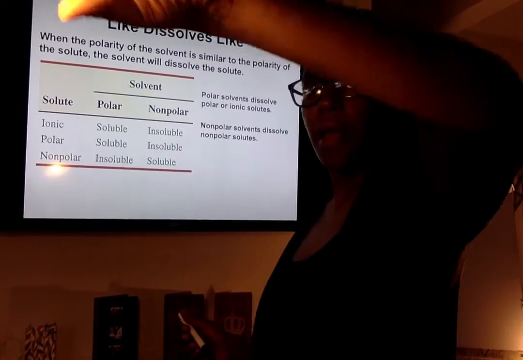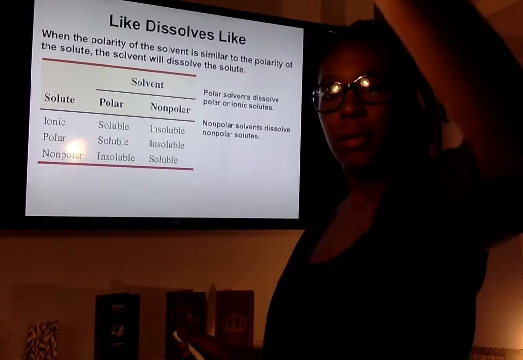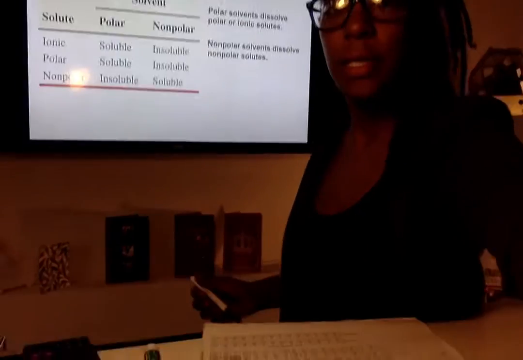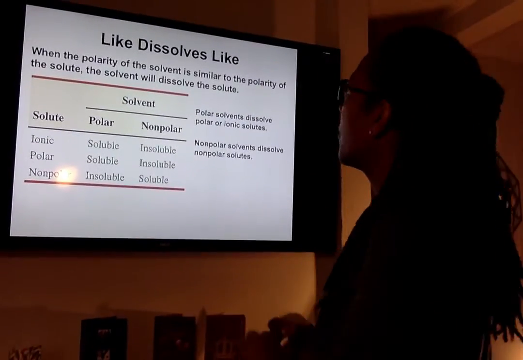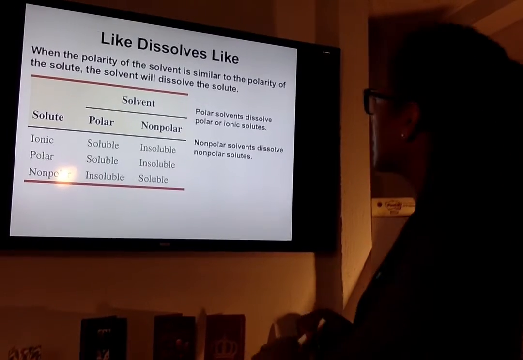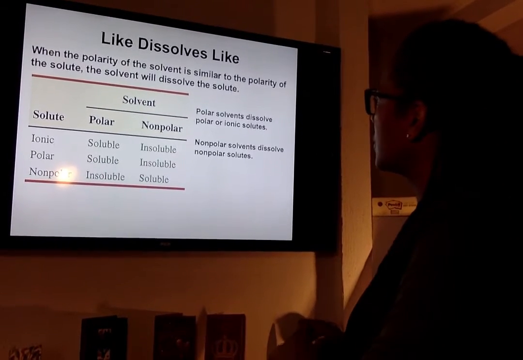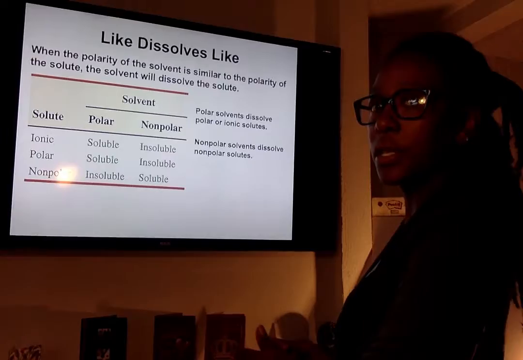So polar solvents dissolve polar or ionic solutes, and nonpolar solvents dissolve nonpolar solutes.